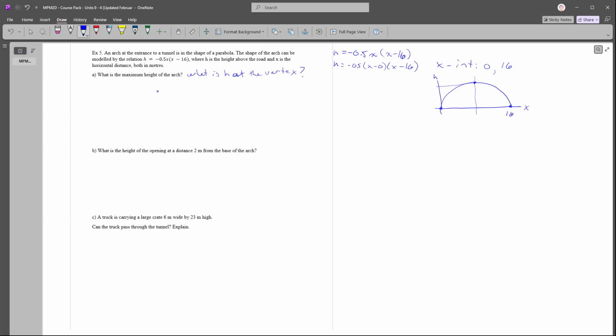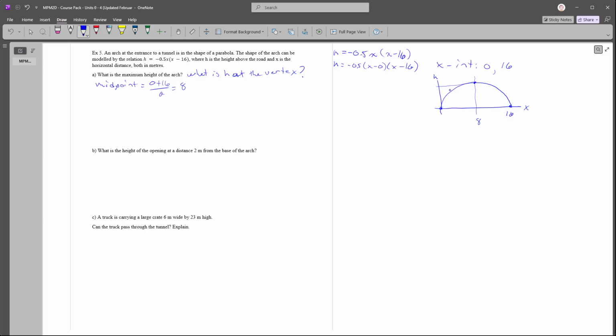That's what we're doing. So in order to do this, we need to find the midpoint between our two x-intercepts. Well, that's easy enough. So our midpoint is going to be equal to 0 plus 16 divided by 2, which is equal to 8. Great. So we know that that hits at exactly 8.